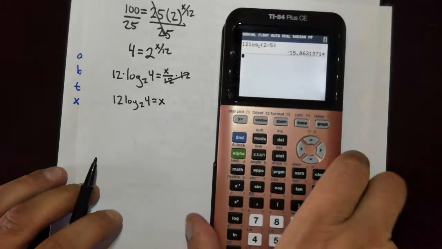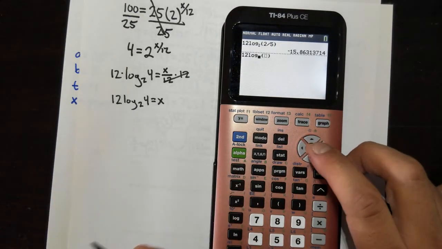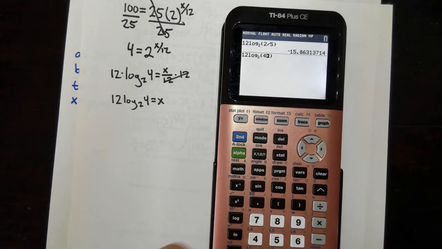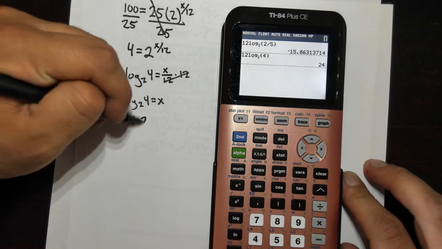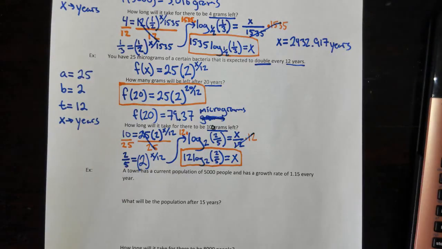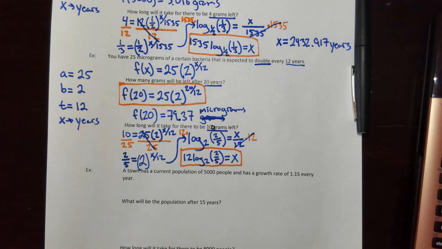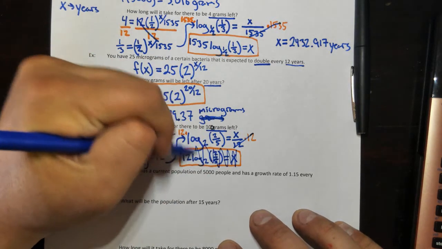And let's see. We should be getting a positive number now. Perfect. So x is 24. Sorry about that. That makes a lot more sense. So this actually isn't our answer.